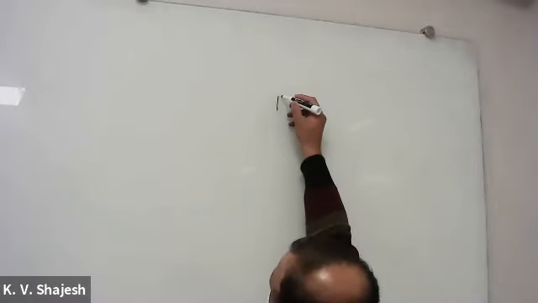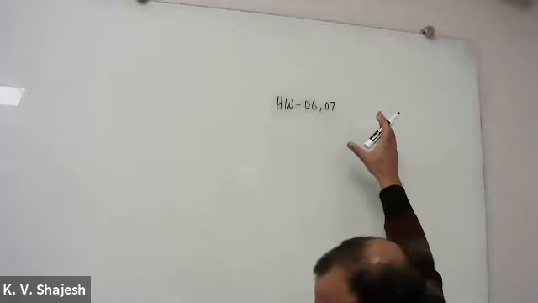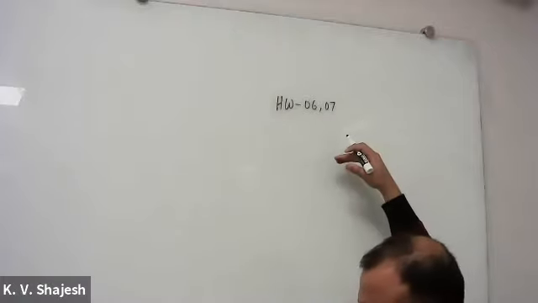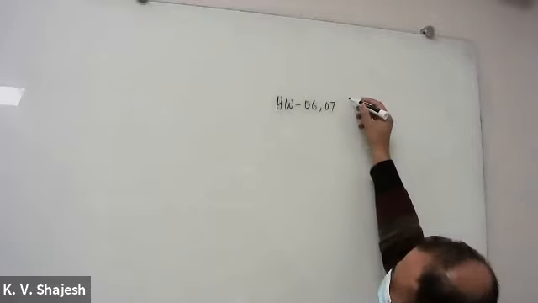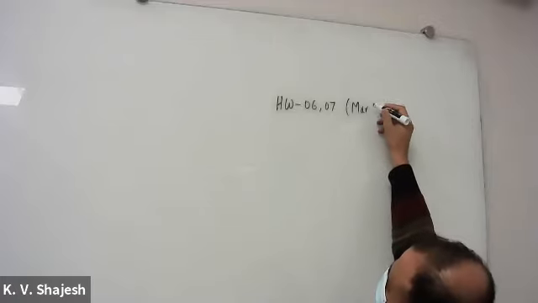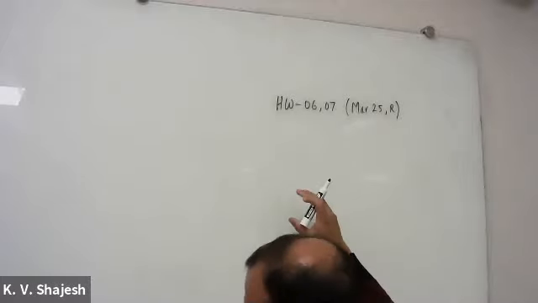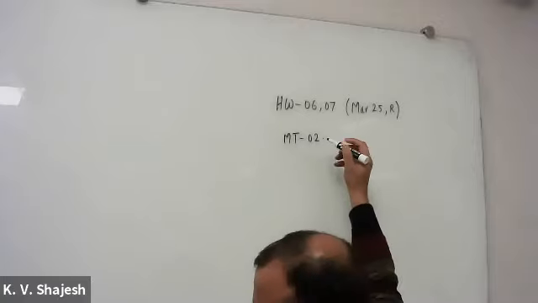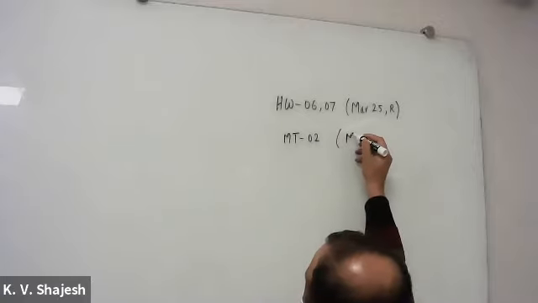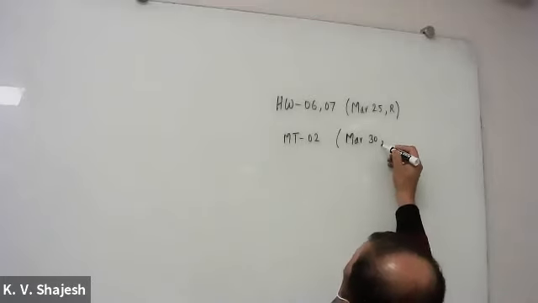So homework 6 and 7 is all postponed in a sense. But when is it due? It says March 16 for me, but I think I made it due the 25th. And midterm 2, oh, that's not very far away. Not really. That's next week.